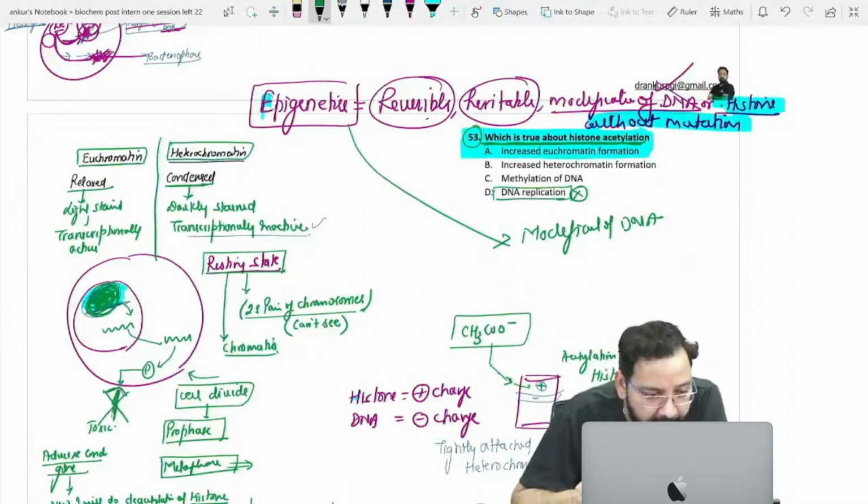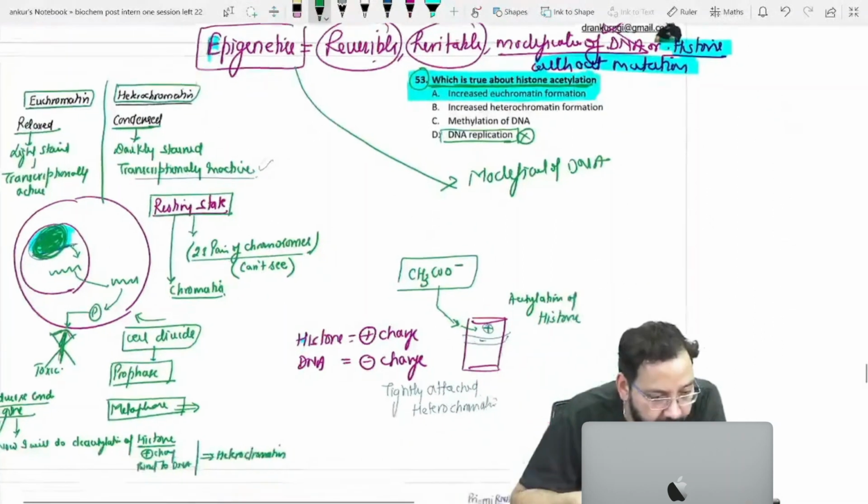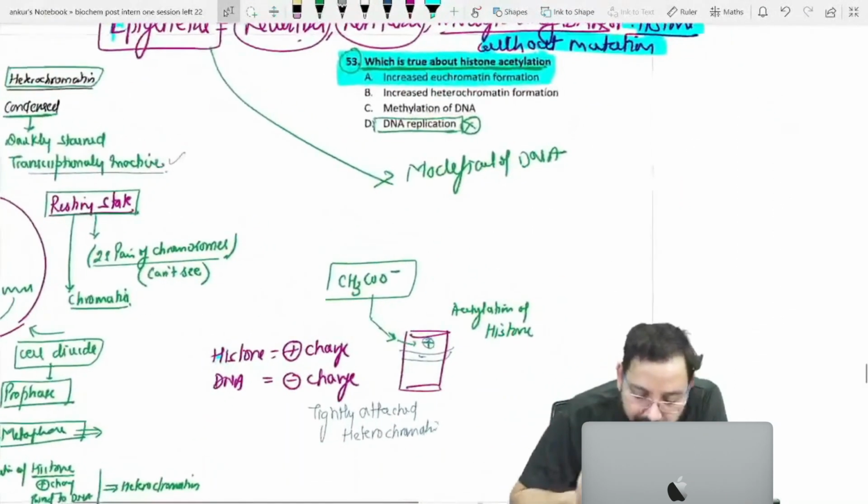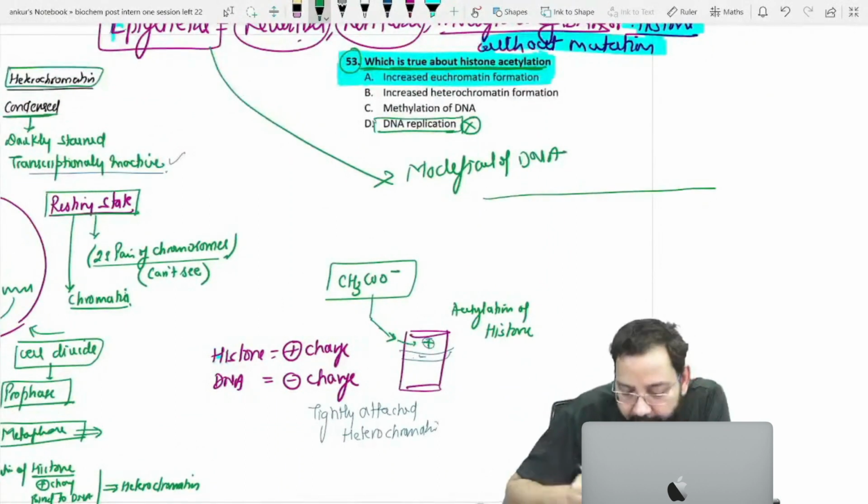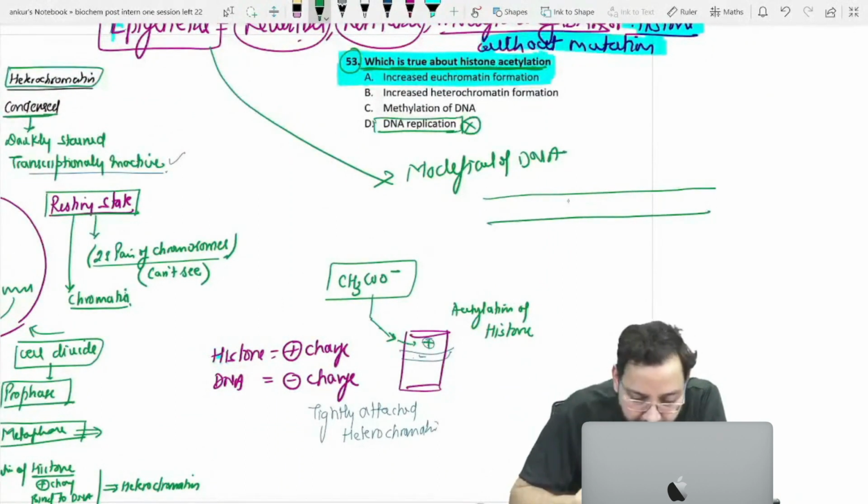This is not DNA replication, this is transcription.